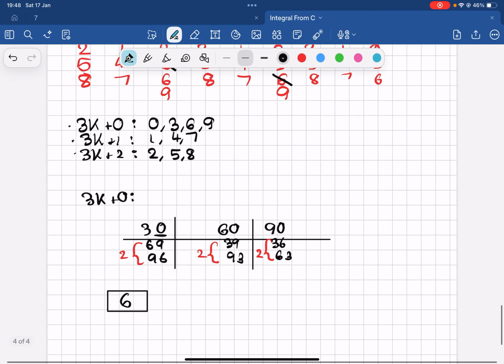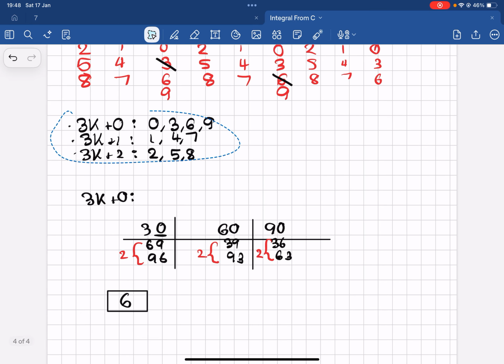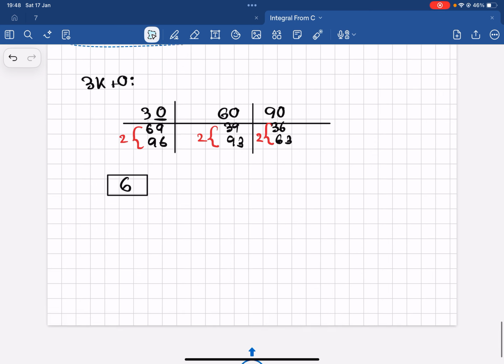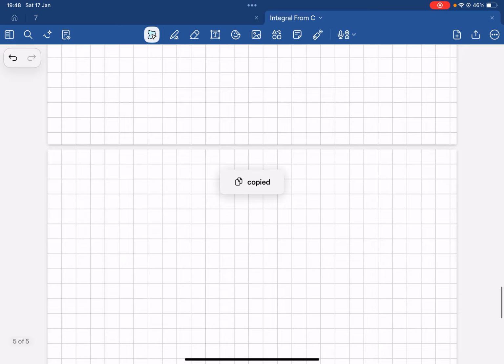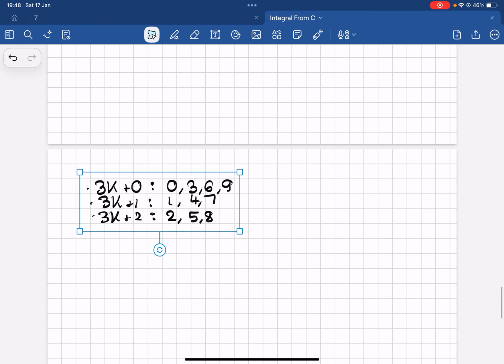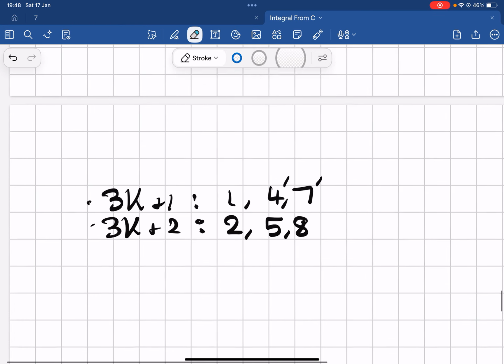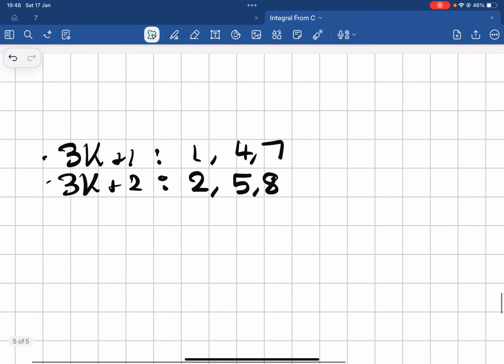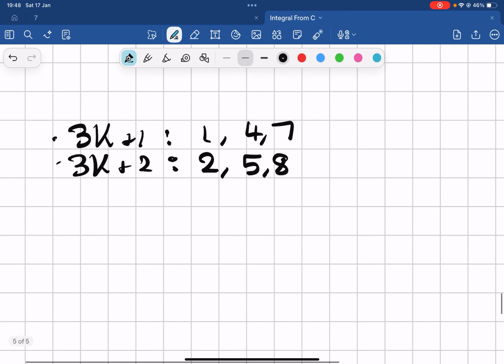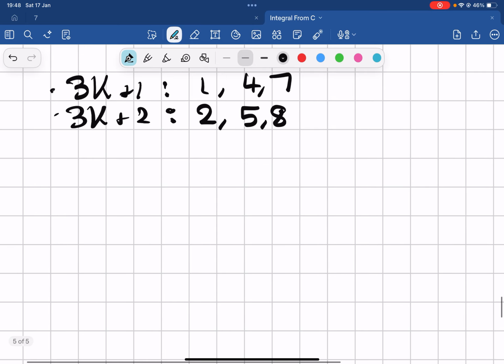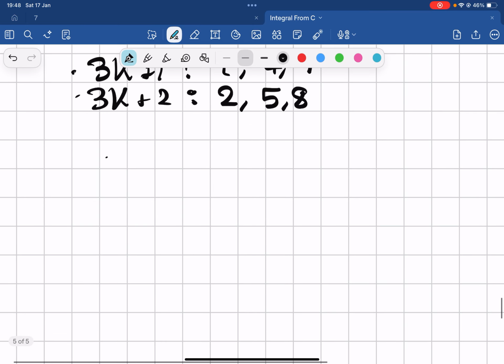Let's write this on the next page. So we're dealing with these two classes. If we start with 1, we're trying to arrange these 6 digits to form 3 two-digit numbers.